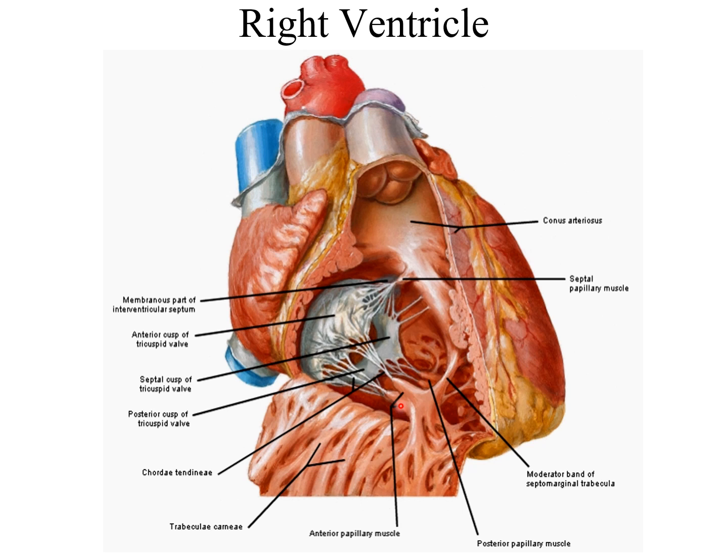We have anterior papillary, we have posterior papillary, and we have the third one, which is known as septal papillary muscle. So three papillary muscles are present in the right ventricle: anterior, posterior, and septal.